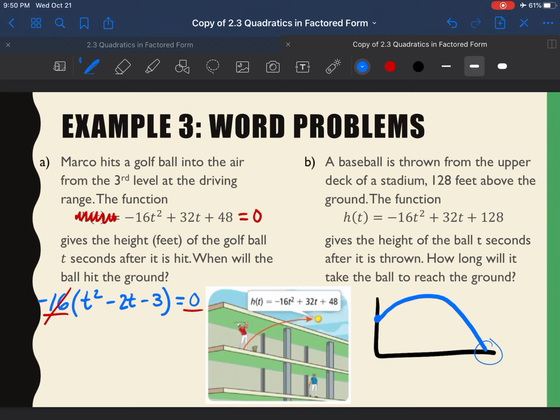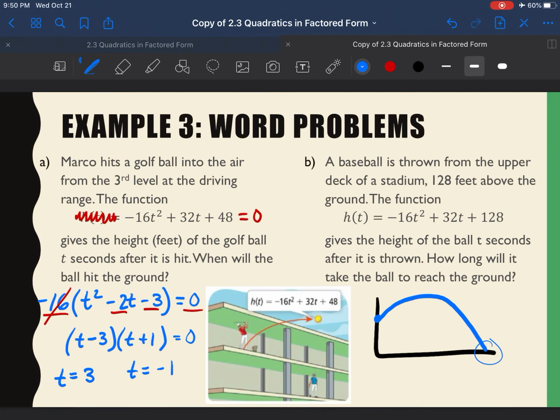This one's factored using product and sum, and it ends up being t and t in the parentheses, and I think the 2 numbers we use are negative 3 and positive 1, because those are the numbers that multiply to negative 3, but when you add them give you negative 2. Again, equals 0, and you are using the shortcut, which is to just change the signs. So you get t is equal to positive 3 and t is equal to negative 1.